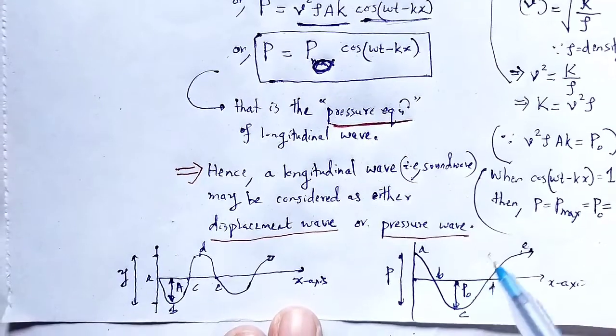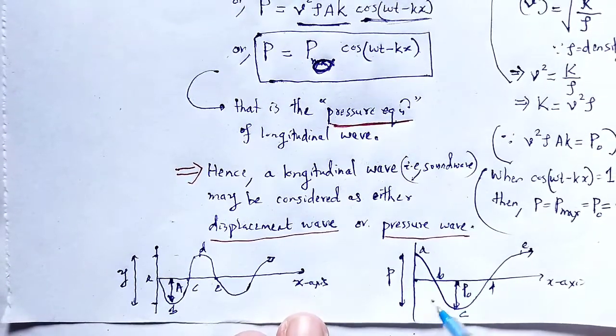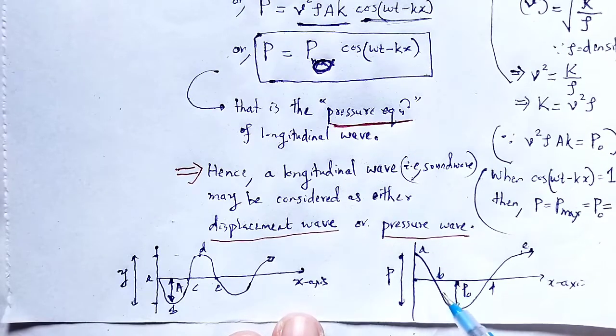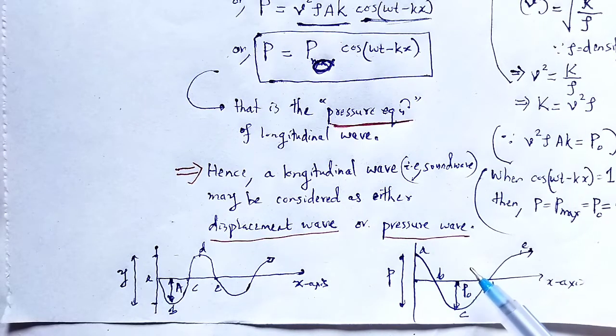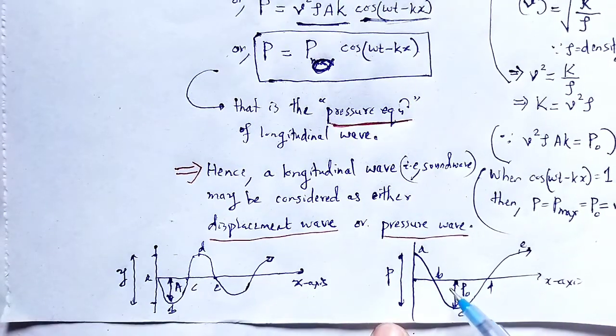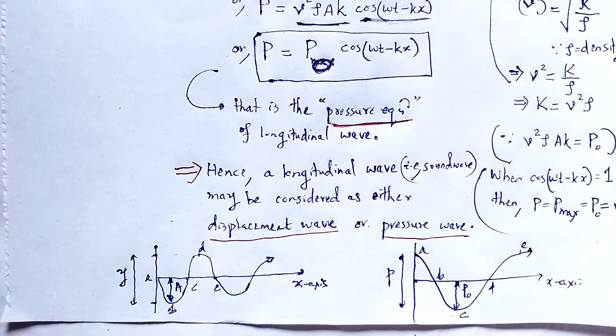Look here, in the case of A to B, for the pressure wave, that region is known as the compression. From B to D, dy by dx is negative, so that region is the rarefaction.